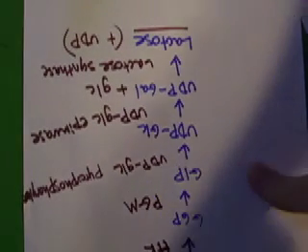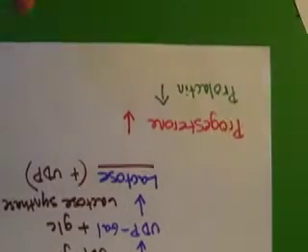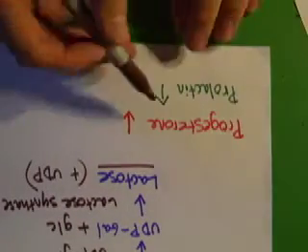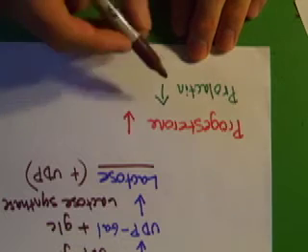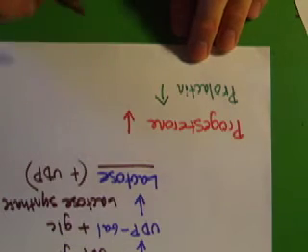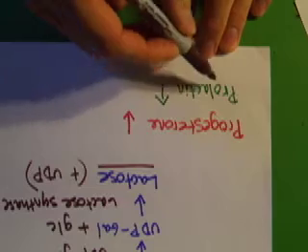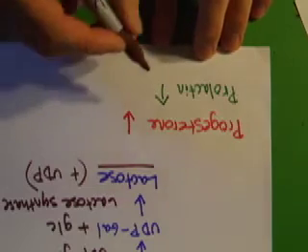The regulation of this pathway is very simple. Progesterone inhibits and prolactin stimulates this. Prolactin stimulates lactose. Very easy to remember.